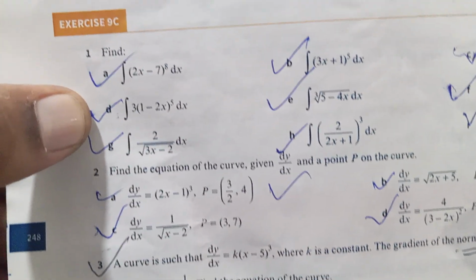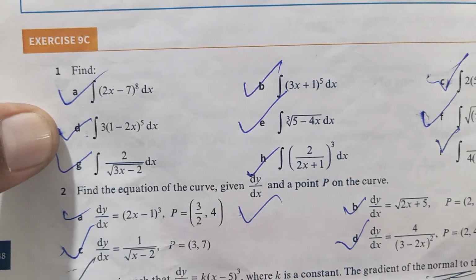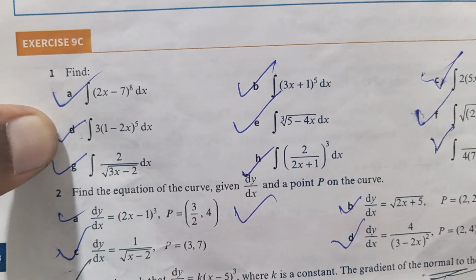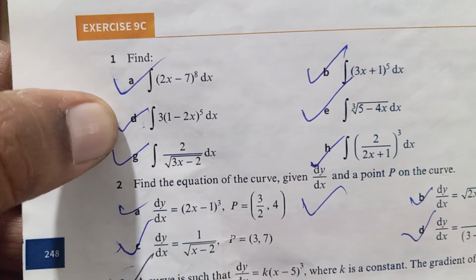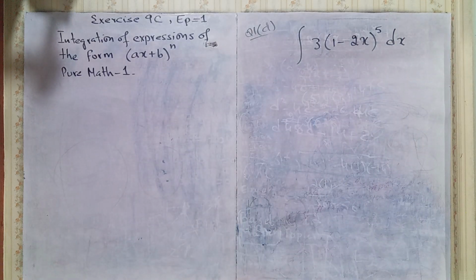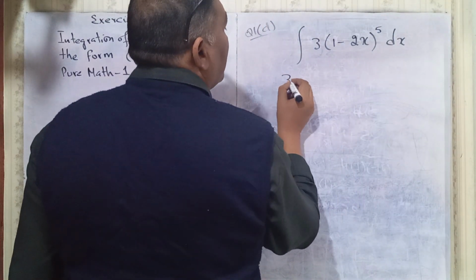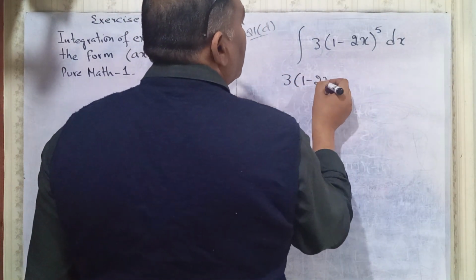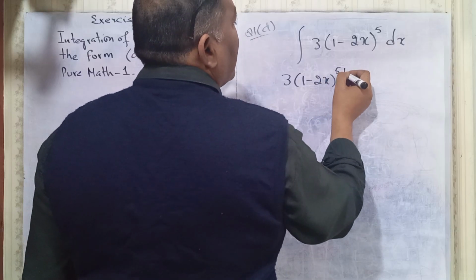So question number 1 and its d part. This d part I'm going to solve. Okay, so what we will do, this 3 will remain as it is, 1 minus 2x. The power will be increased by 1.